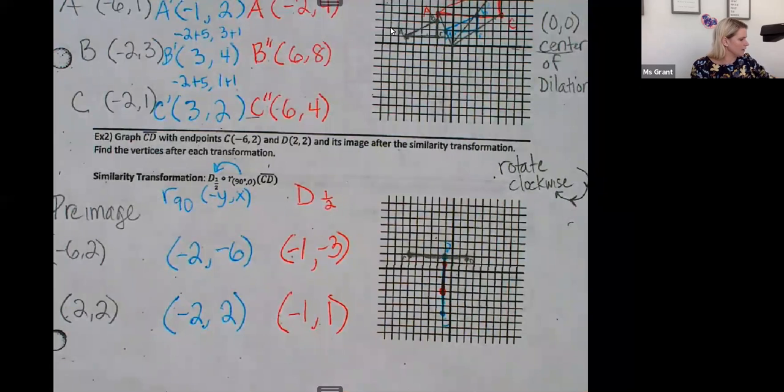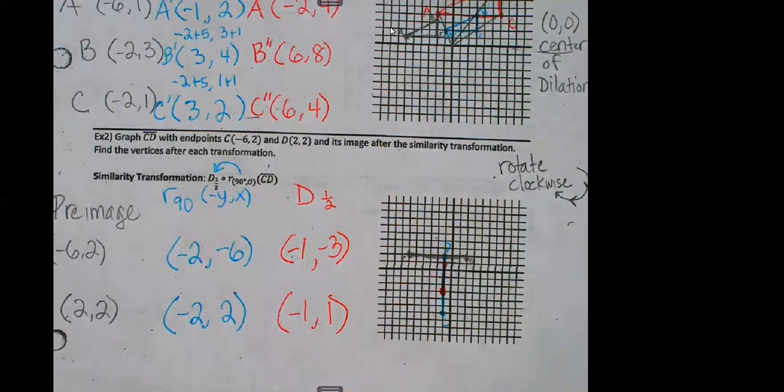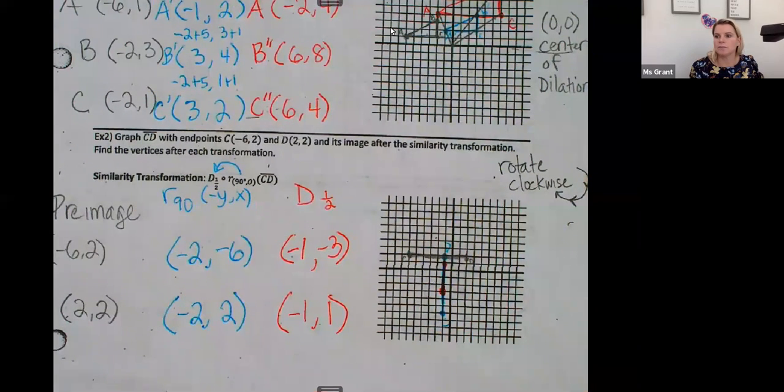I've got to move on. Miss Grant, what's the center of dilation used for? If it tells you, we don't do it in this math book, but there are times when it says a shape is enlarged by a scale factor of 3.